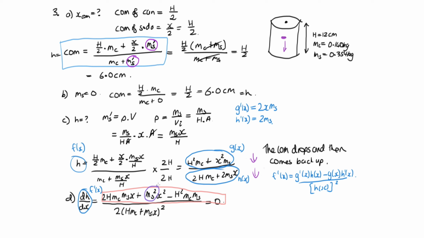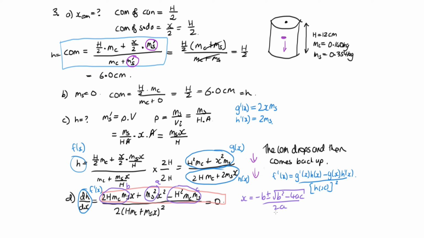With our quadratic equation, this thing here is our a, the thing in front of the x squared. This thing here is our b, and this is our c. Our quadratic formula tells us that x is equal to minus b plus or minus the square root of b squared minus 4ac, over 2a.